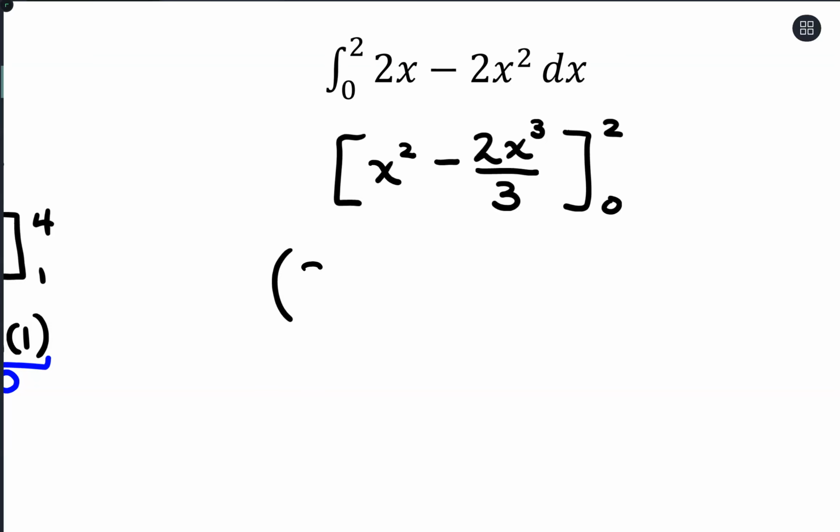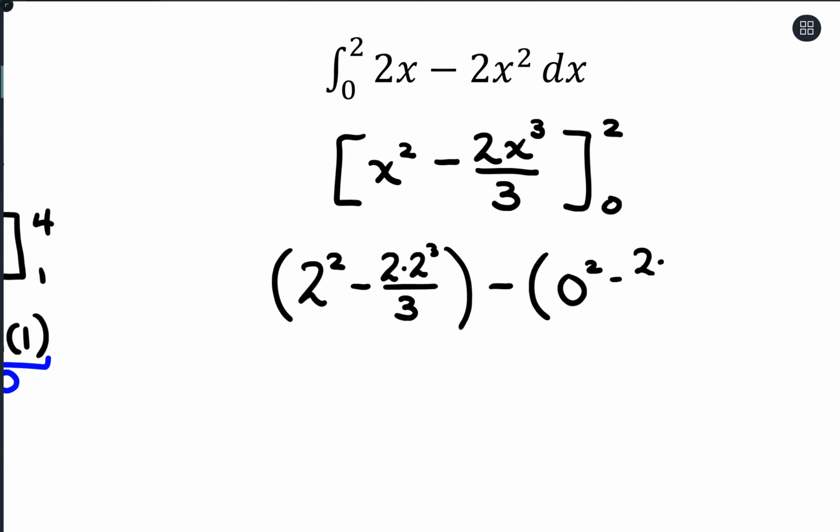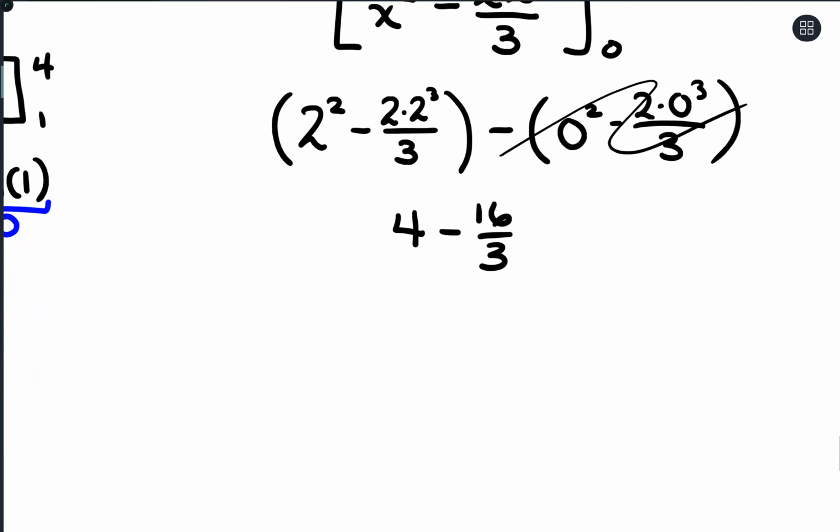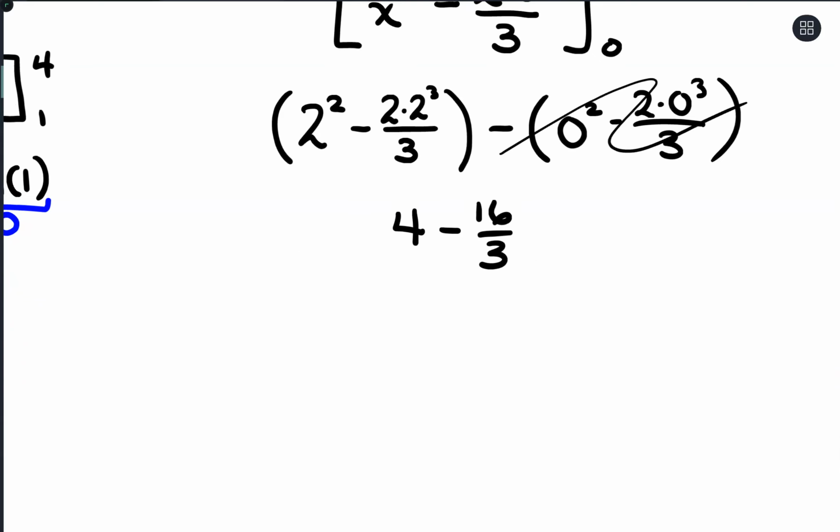So if we plug in 2, we'll have 2 squared minus 2 times 2 cubed over 3, and then we're going to subtract 0 squared minus 2 times 0 cubed over 3, which all of that's just going to turn into a big 0. So we'll be left with a 4 minus 16 thirds, which is 12 thirds minus 16 thirds, so a negative 4 thirds.